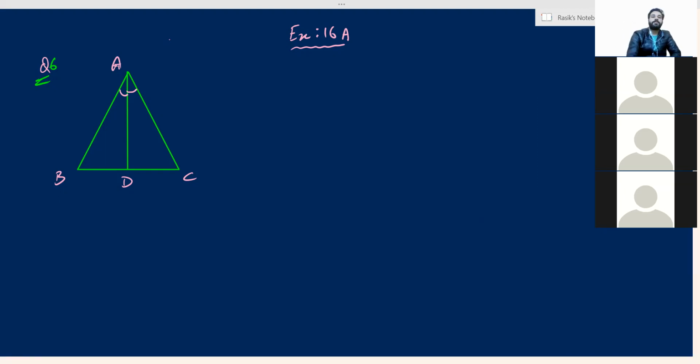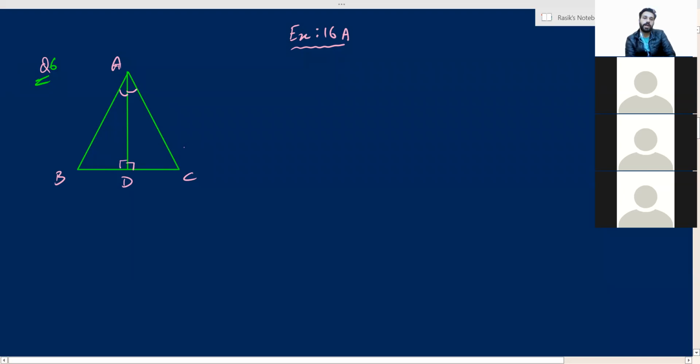So angle A is bisected by AD, which means these two small parts of angle A are equal. And AD is perpendicular to BC, so this is a 90-degree angle, and this is also 90 degrees. Both these angles are 90 degrees each.